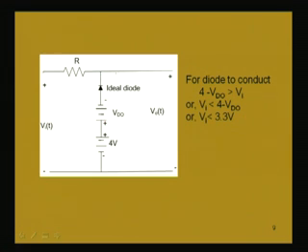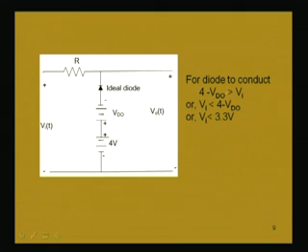So, 4 minus Vd naught must be greater than the voltage at the end, which is Vi. So, the condition is 4 minus Vd naught should be greater than Vi in order that the diode will conduct. We can write in another way that Vi is less than 4 minus Vd naught. Since Vd naught is 0.7 volt, 4 minus 0.7 becomes 3.3 volt.